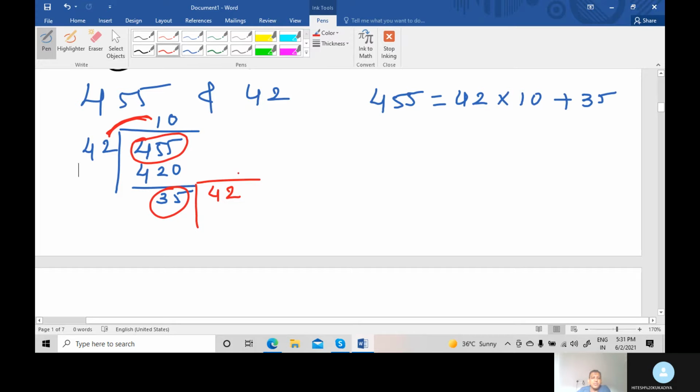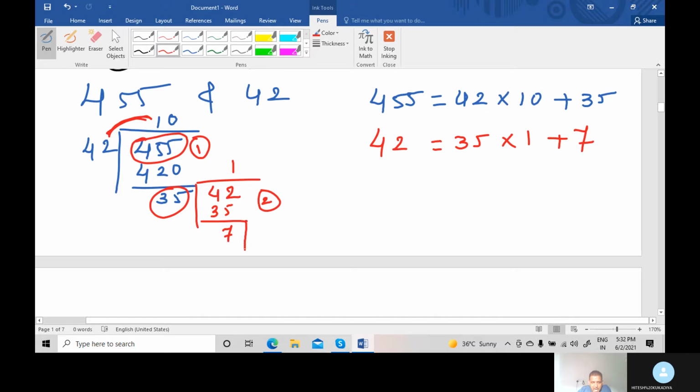Speak your table of 35: 35 ones are 35, and 7 is the remainder. This is your first step, and this is your second step. Now write 42 = 35 × 1 + 7. Here 42 is a, 35 is b, 1 is the quotient, and 7 is the remainder.